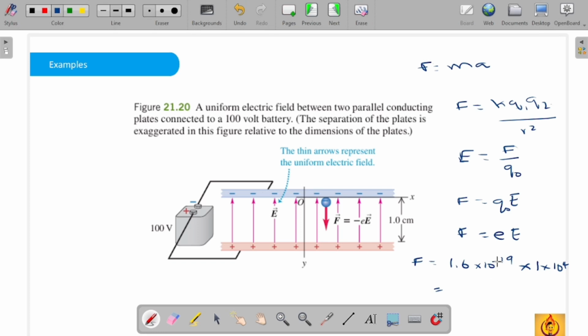Can someone help us multiply this? So I got 1.6 times 10 to the power negative 15. Negative 15?